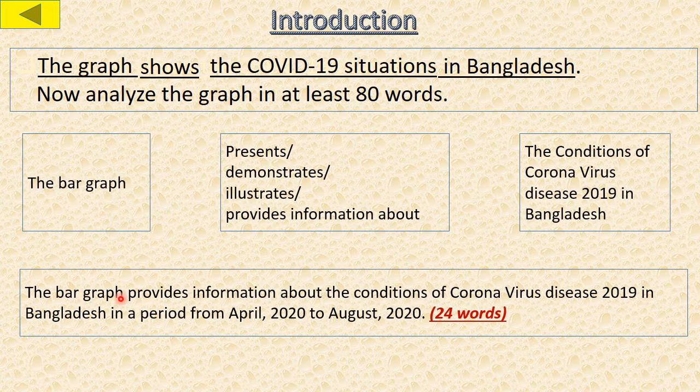The bar graph provides information about the conditions of coronavirus disease 2019 in Bangladesh in a period from April 2020 to August 2020. In the introduction, there are 24 words.